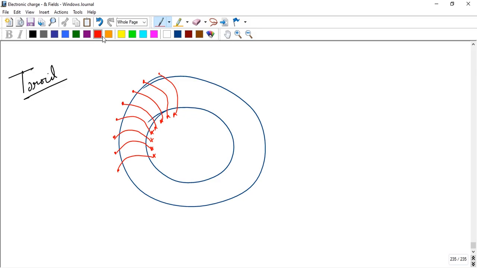Now the dot means the magnetic field is in that direction, and the current I is in that direction.